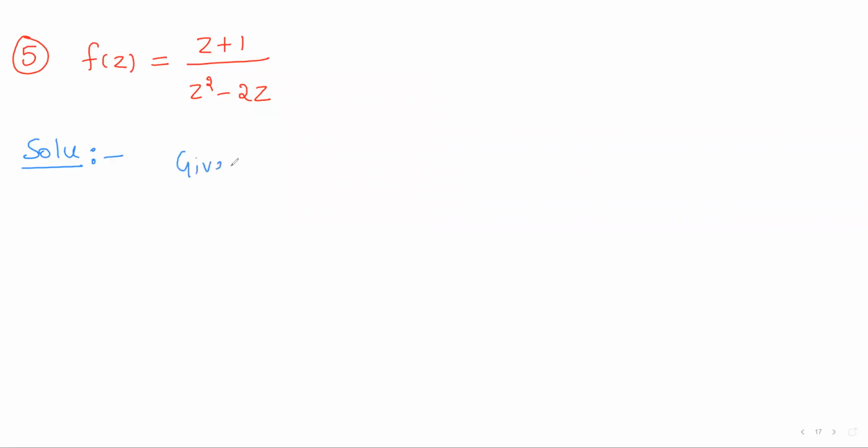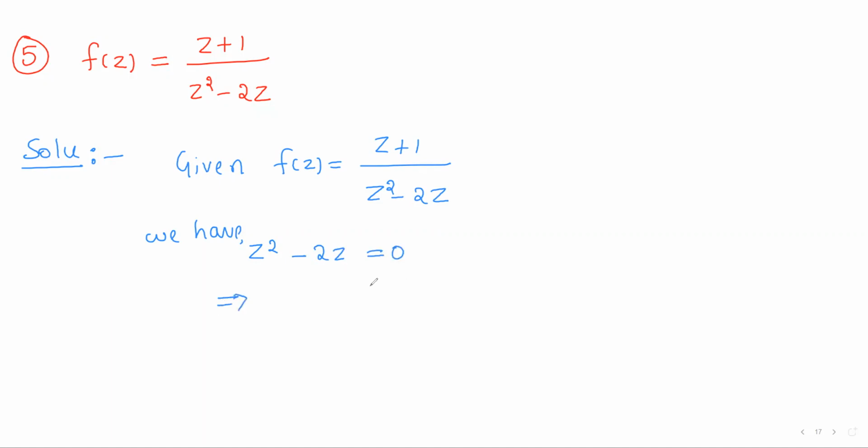Next problem. Given f of z is z plus 1 divided by z square minus 2z. Once again we can observe that whenever the denominator function is 0, the function f of z becomes indefinite.